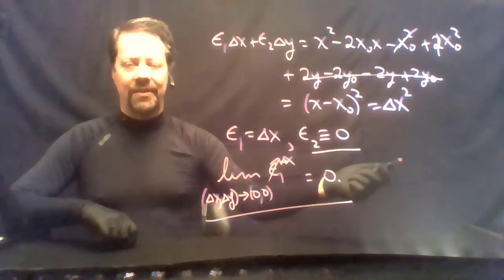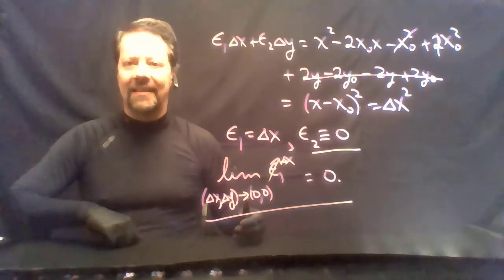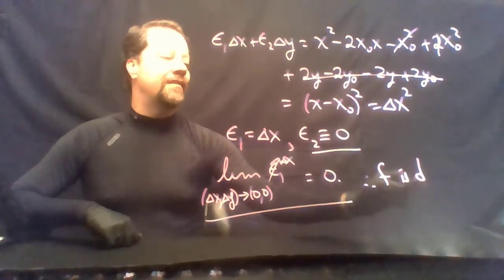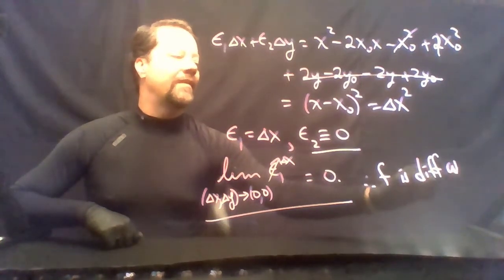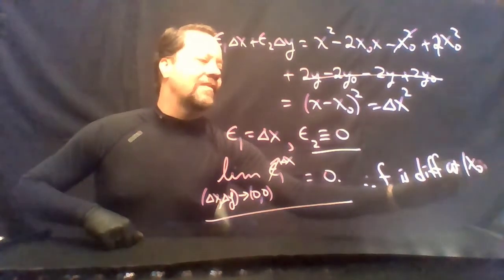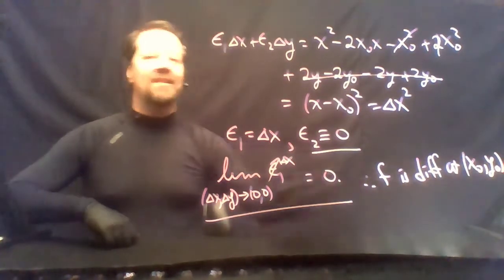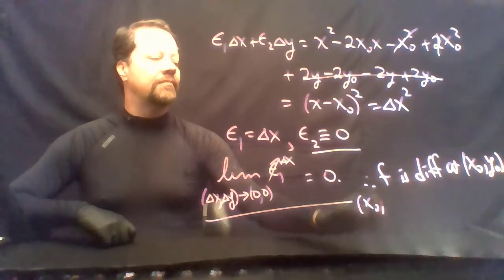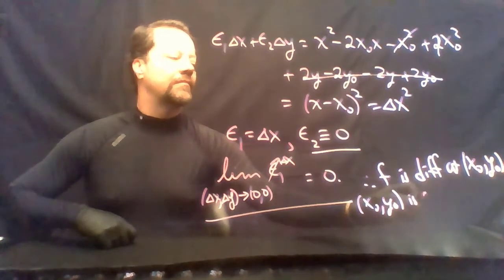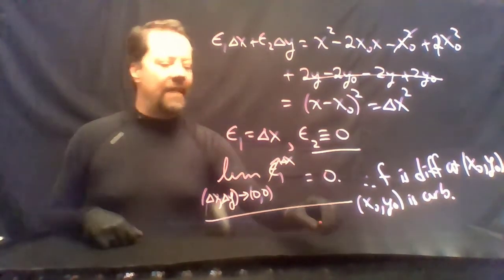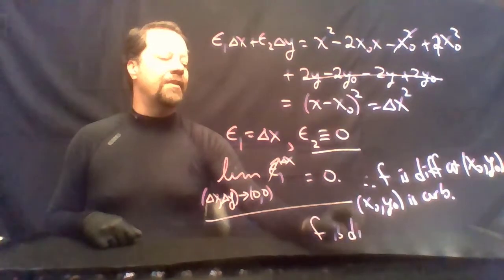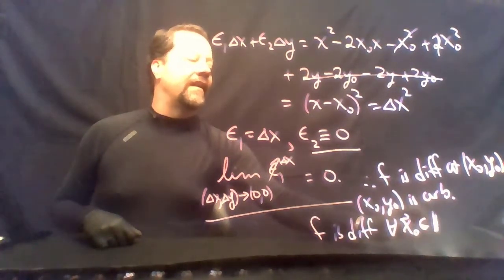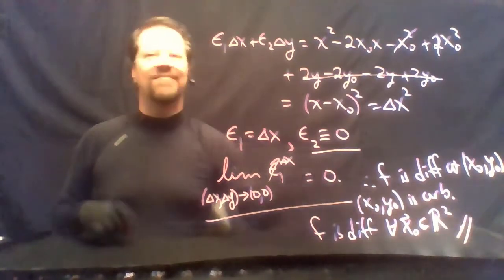And then epsilon 2 also tends to 0 because it is identically 0. Therefore, f is differentiable at x naught y naught, but since x naught y naught is arbitrary, that means f is differentiable for all x naught that lie in R2.